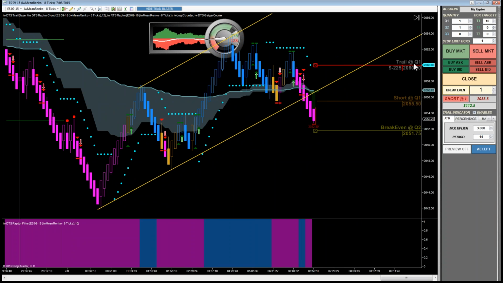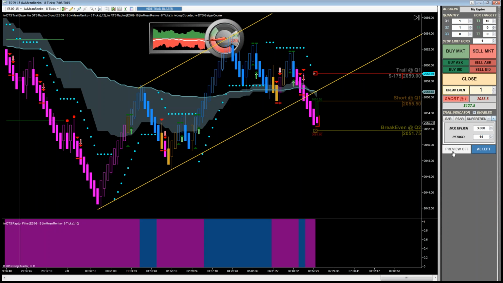So notice one of the trades were automatically taken off. We also have a break even button here where I could force the trade to break even. So see, our stops keep rolling.